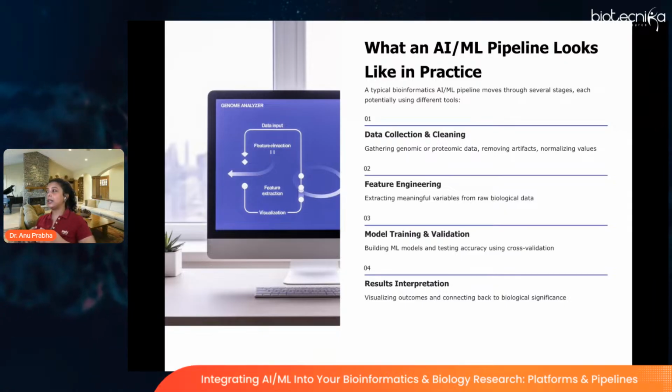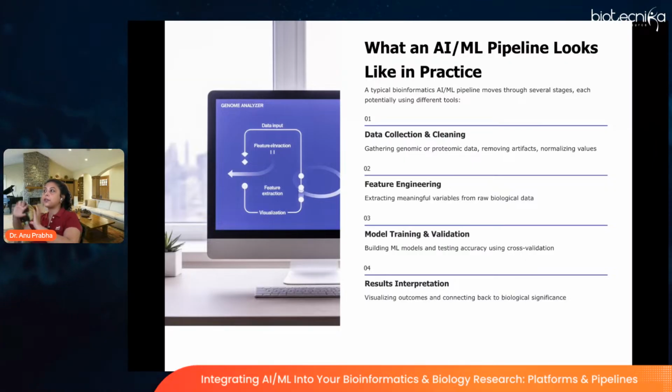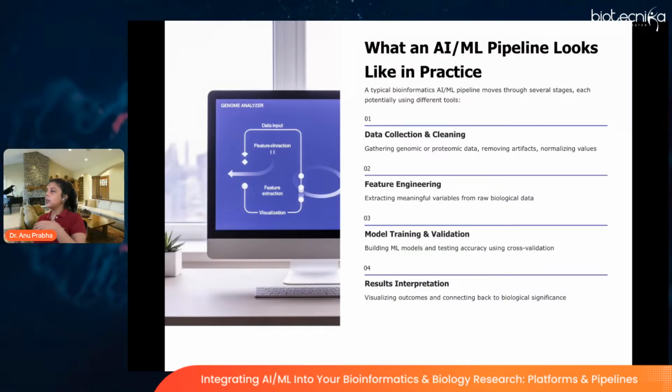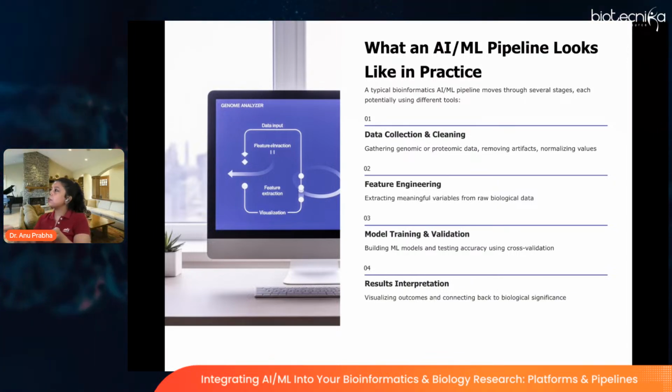Does that data need any sort of transformation? Does it need to be in a specific format to load into your pre-existing system that you have designed? Basis all of this, you can go through a multitude of steps, depending whether you're working with genomic data, proteomic data, or even structured data, depending on what is your input.